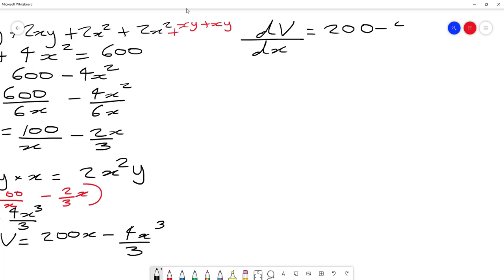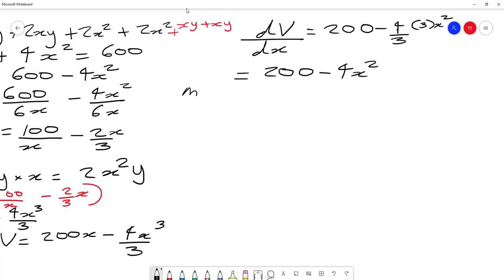Keep the constant 4 over 3 on the outside. Bring the 3 down and reduce the power by 1. So we get an x squared. So now we get 200. The 3 and the 3 cancel. So I get 4x squared.